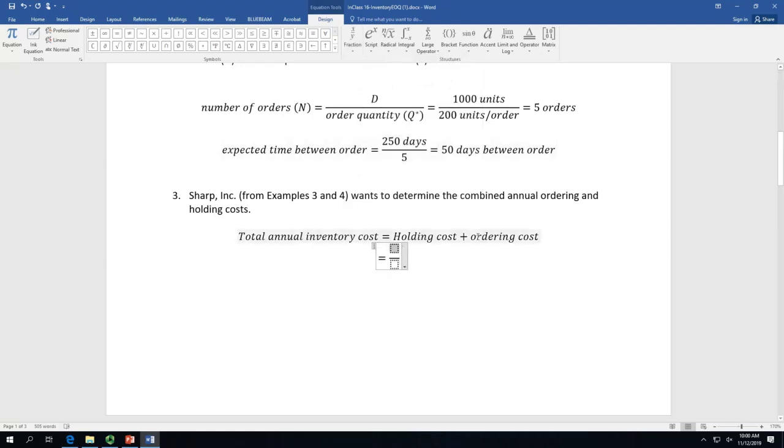So holding cost equals Q divided by 2. That's the average inventory level.